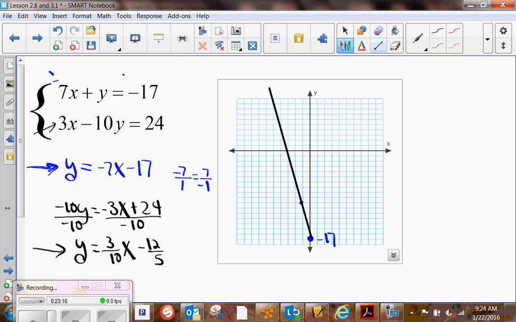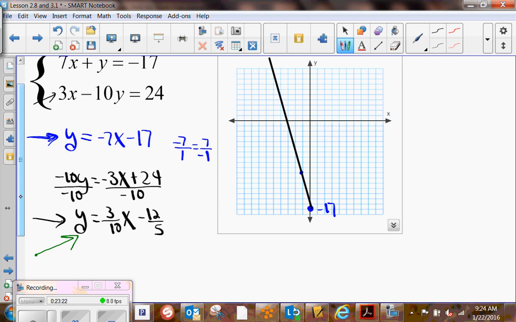Then the second equation, that was that one. Now let's do this one. This negative 12/5 is a negative 2 and 2/5, right? So I'm going to go to negative 2 and 2/5, and 2 and 2/5.